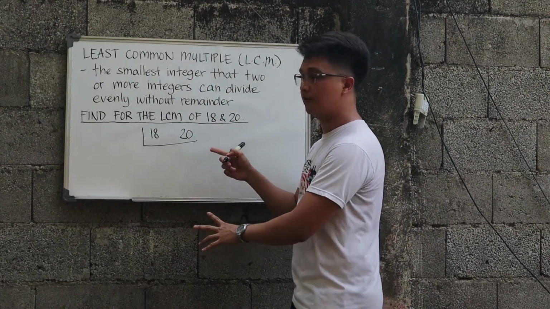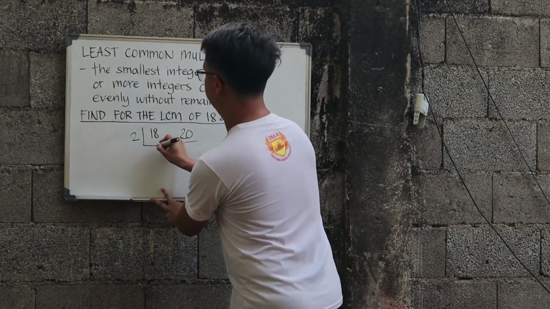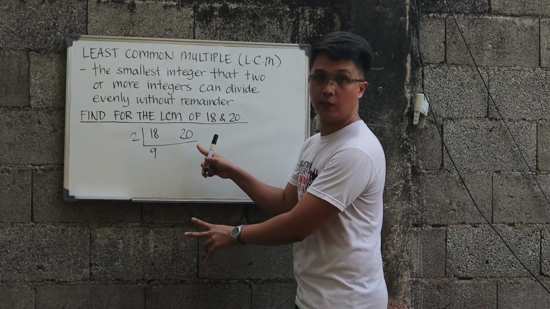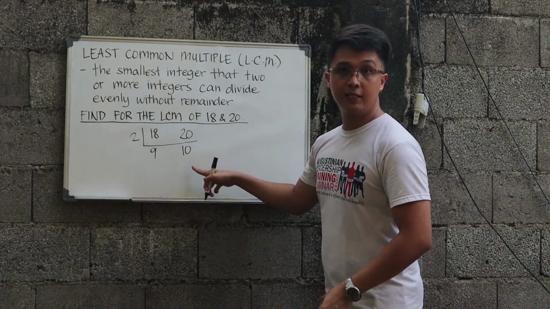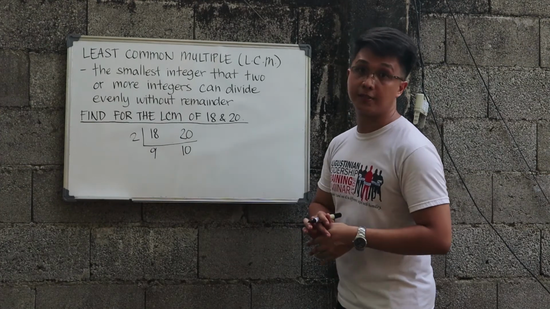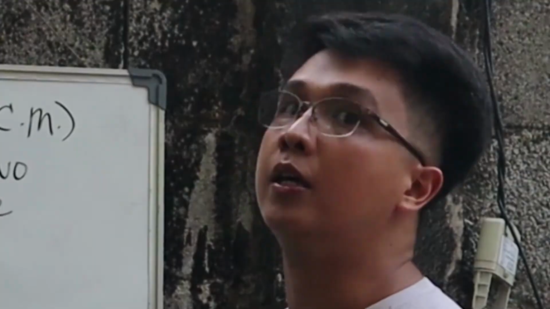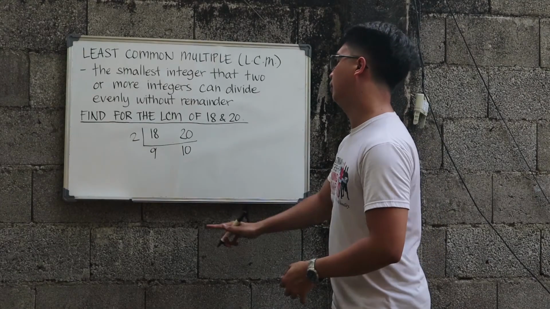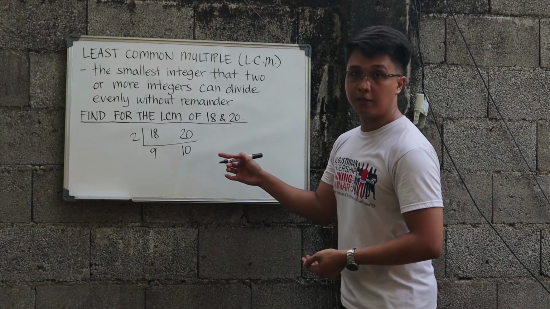They can both be divided by 2. 18 divided by 2 is 9. 20 divided by 2 is 10. Here, there is no more common divisor. However, when looking for the LCM, you do not stop. Okay, so 9 and 10 are not yet prime, so we can still continue.